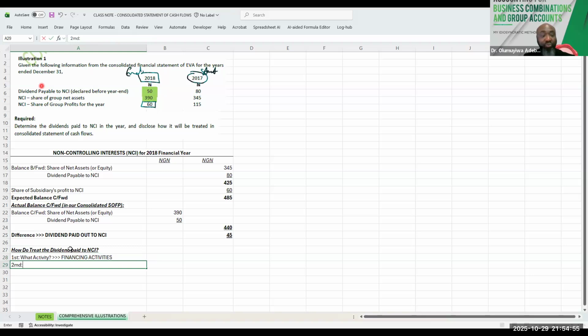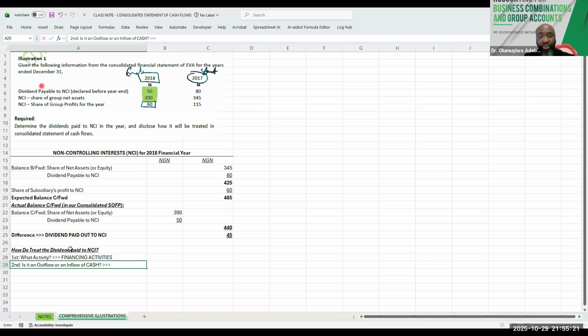Second, as a financing activity, is it an outflow or an inflow of cash? And if your guess is mine, it is nothing other than a dividend you pay to people outside the group.